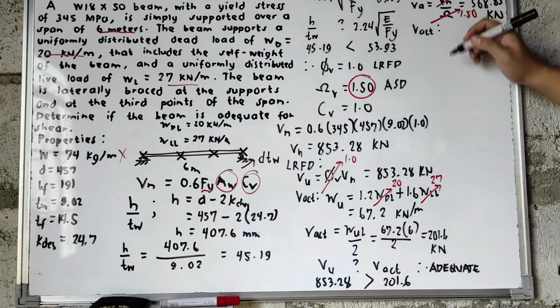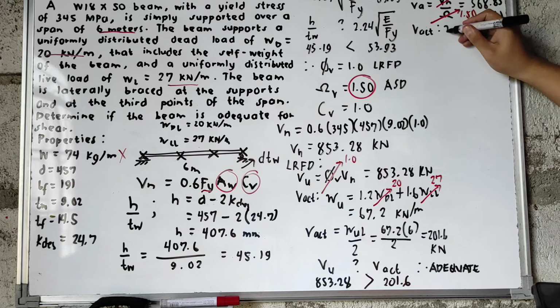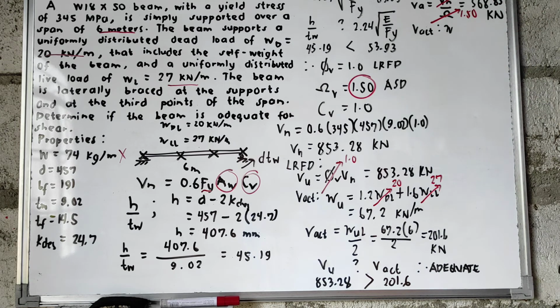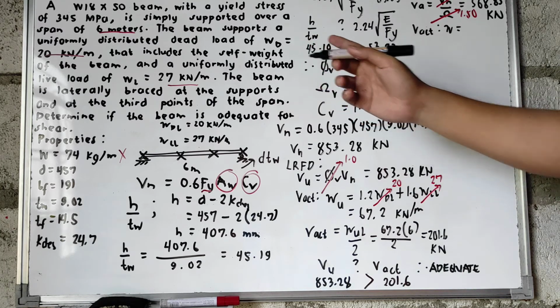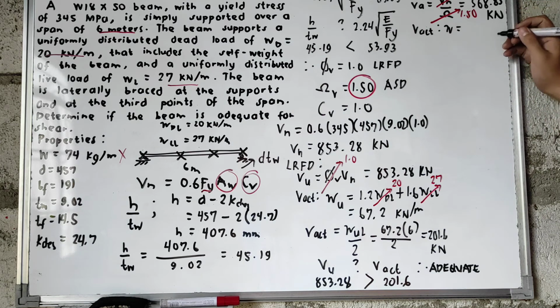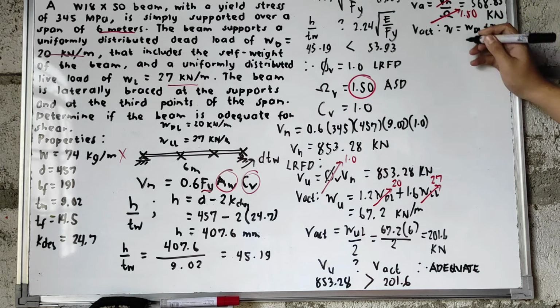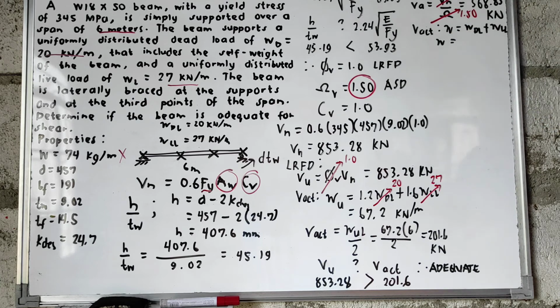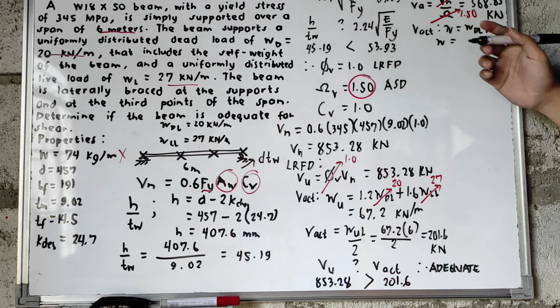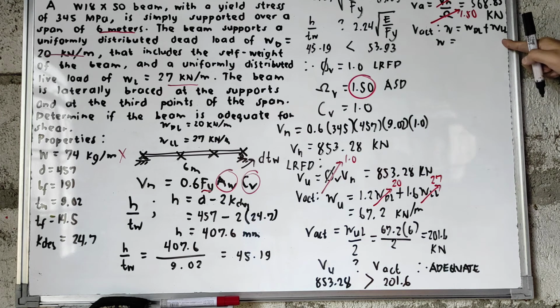For this one, kukunin din natin yung value ng V actual natin. So, same procedure lang tayo, no? We're going to calculate for the value of your total load. But by this time, yung gagamitin natin is yung service loads lang natin. So, we have WDL plus WLL. So, the value of your total load is now equal to 20 plus 27.